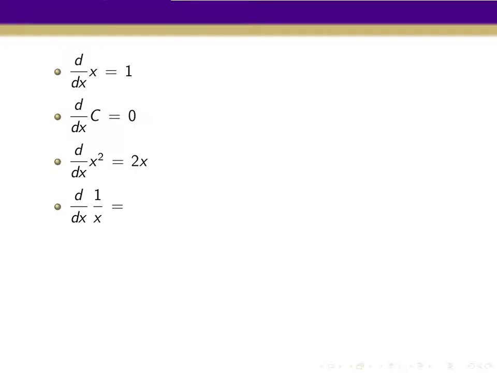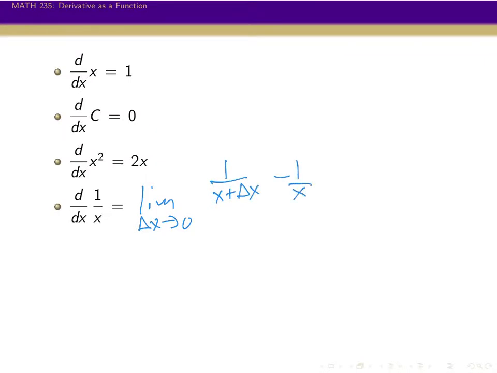If we wanted to take the derivative of 1 over x, let's use delta x this time. So this would be 1 over x plus delta x minus 1 over x, all over delta x.